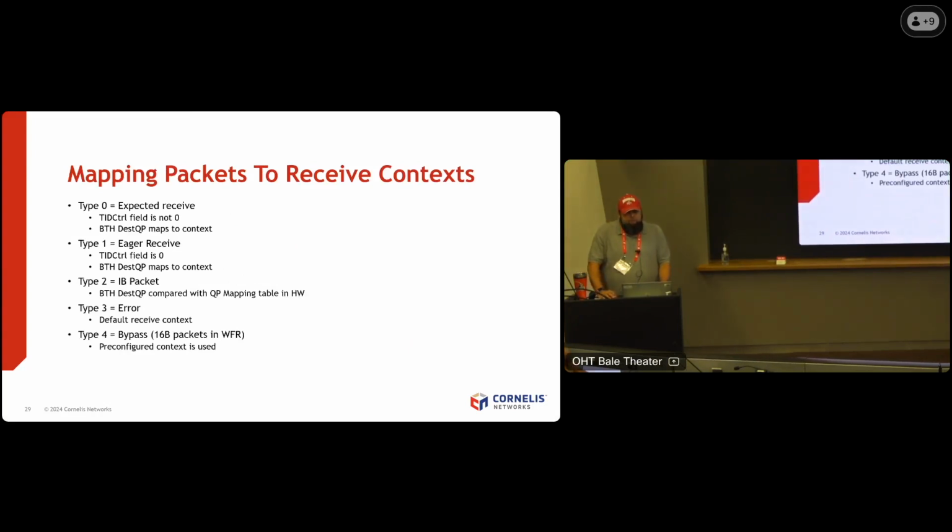An important concept for working with these two different types of receive is how things know where to land. How does it know whether it's going to be an expected receive versus an eager receive? Basically the hardware looks at the packets as they come in, figures out what each one is, and classifies it as one of 5 types. Type 0 packets are expected receive, and there's a field in the header called TID control, and if that's 0, then it's going to look at the QP field in the BTH.